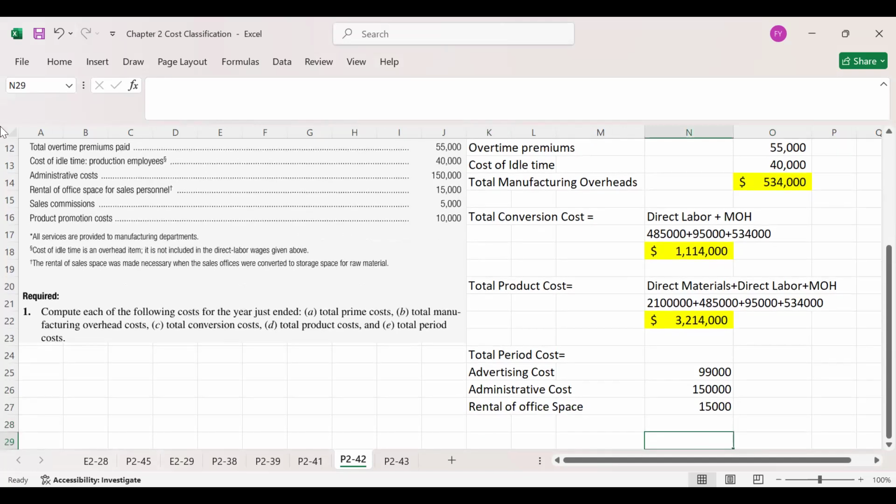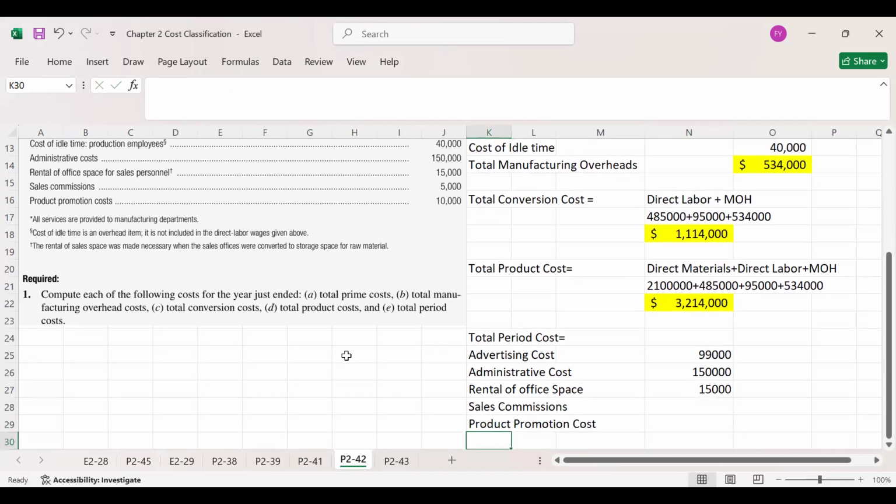Then sales commission and product promotion cost. So sales commissions are $5,000 and product promotion cost is $10,000.